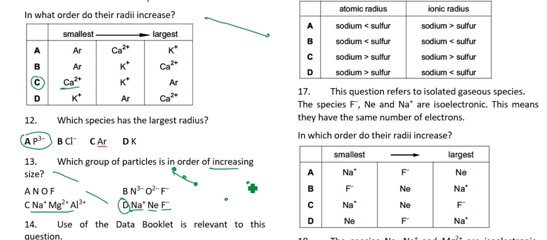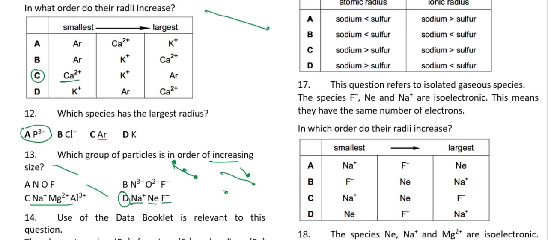The graph is like this, meaning we are moving across the period. Argon is here, the fluoride ion has greater size than argon, and finally the sodium ion is smallest. This is the increasing order, so D will be our right choice.